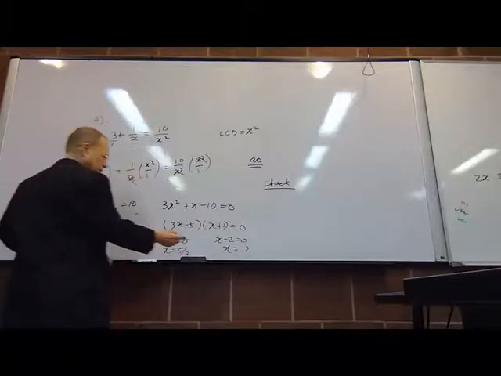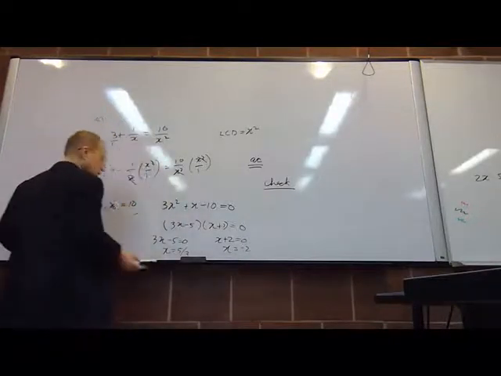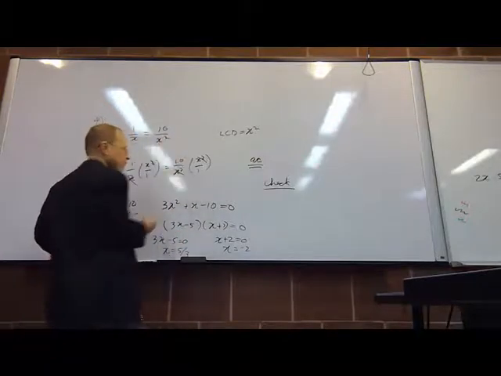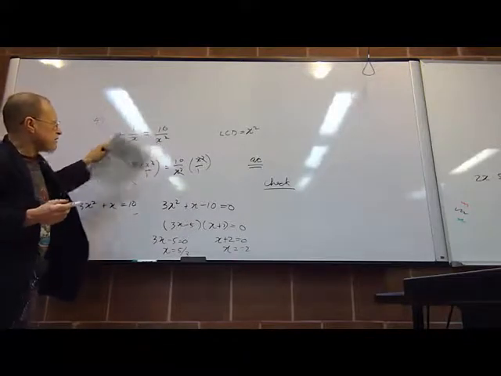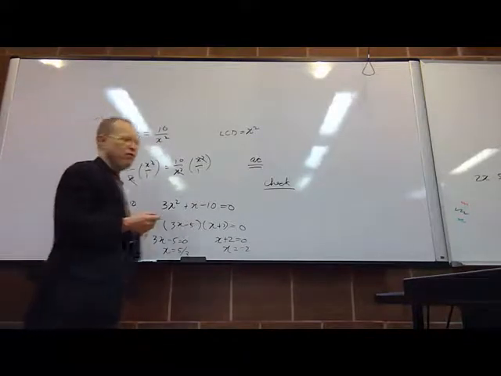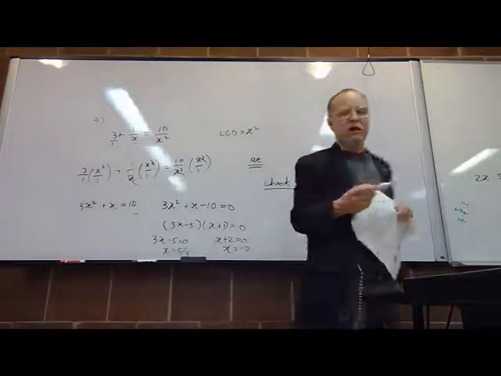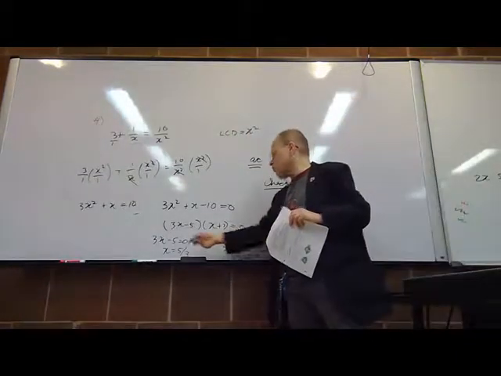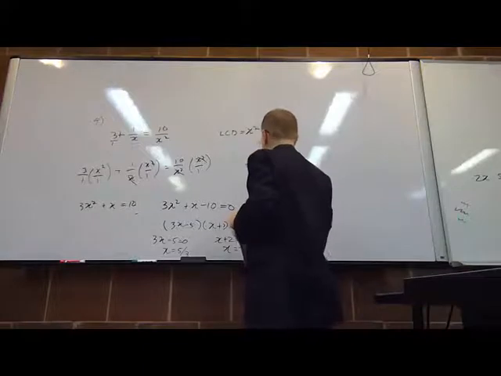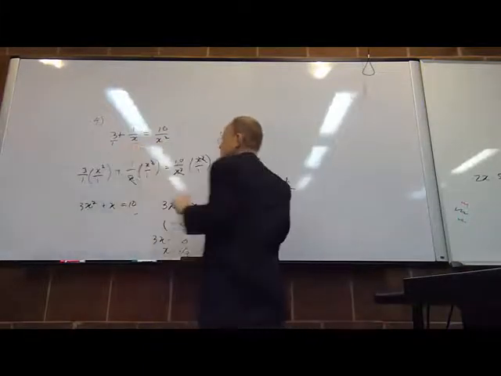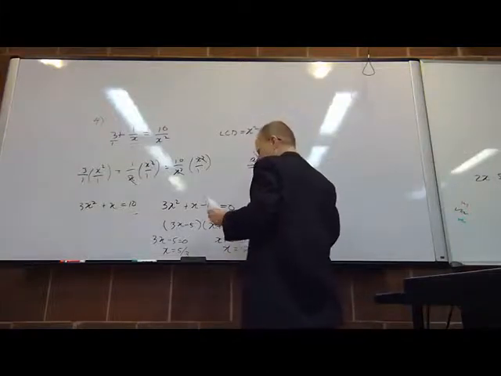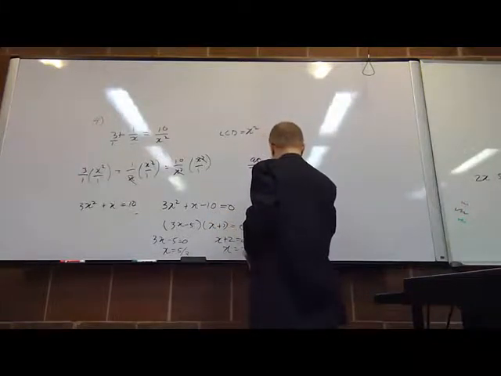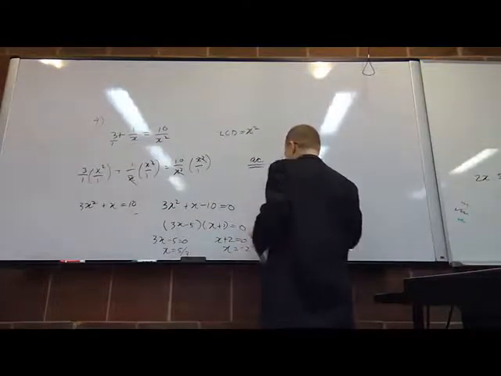And if I put in 5 over 3 here, that's good, and if I put in 5 over 3 here, that's good. What we see here is that neither of those gives me 0 in the denominator. So none of these solutions give me 0 in the denominator, therefore both of my solutions are good, and I can write my solution set as -2 and 5 over 3.